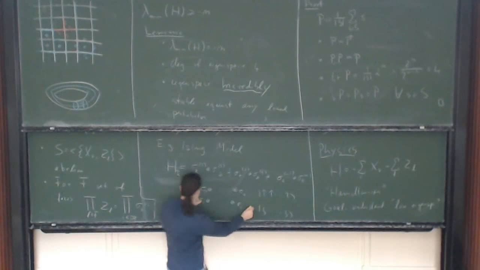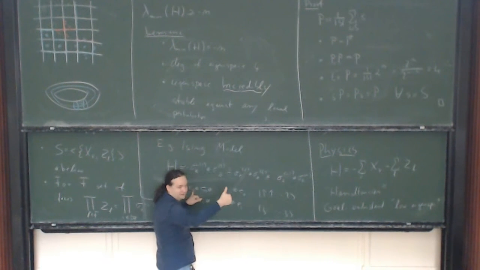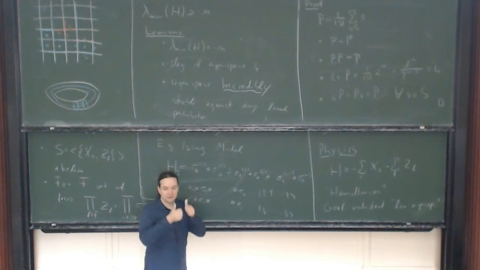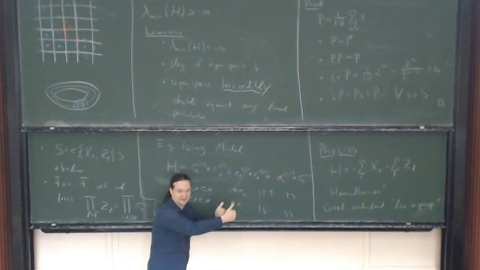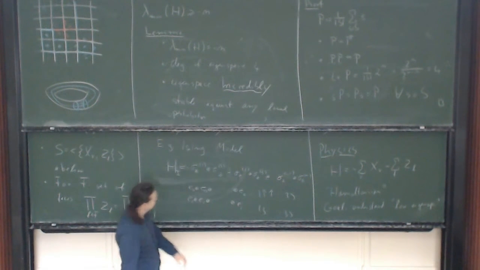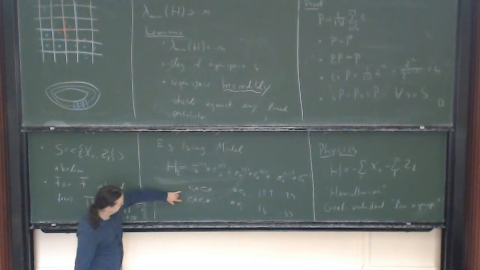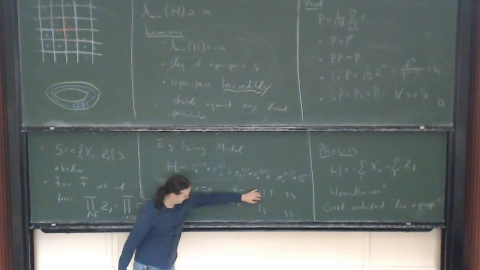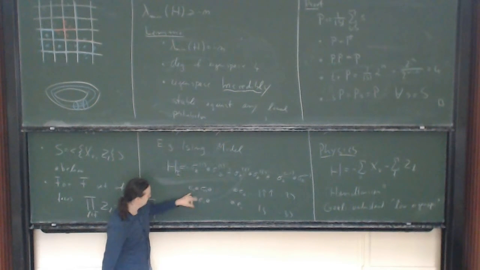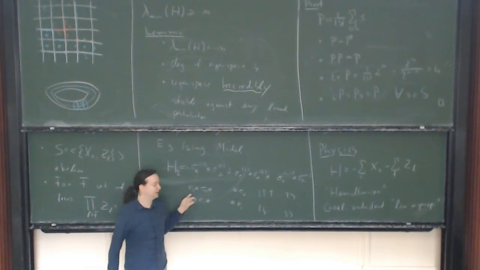They would associate this vector with a magnet pointing in this direction, and this with a magnet pointing in the other direction. The Hamiltonian says the first two magnets have to be the same, the next two magnets have to be the same, and so on. But clearly there is a symmetry: if I just flip every single spin, every single magnet, if I interchange E0 and E1 simultaneously everywhere, obviously you get another ground state. Yeah?